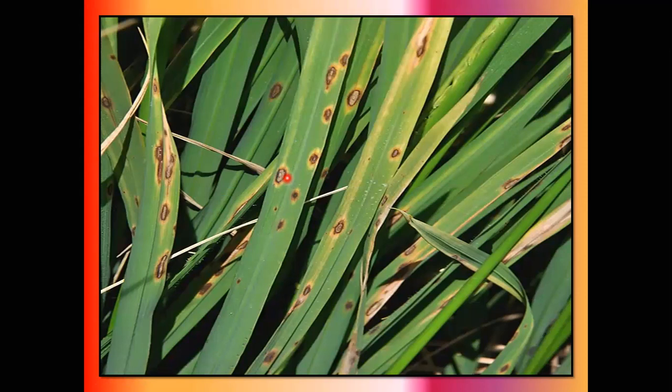Initially these pathogens attack the leaves, leaf sheath, nodal portion, panicle portion and glume portion. Meaning this fungus attacks all the growing portions of the rice plant and develops symptoms. Initially, brown round to oval spots.